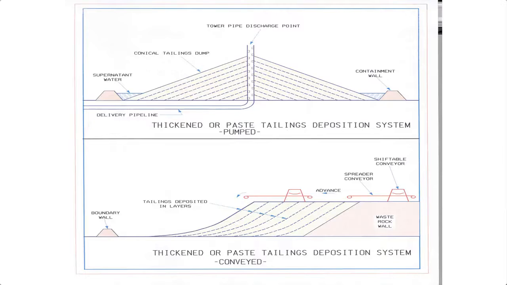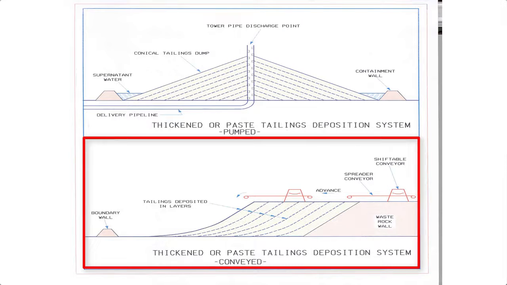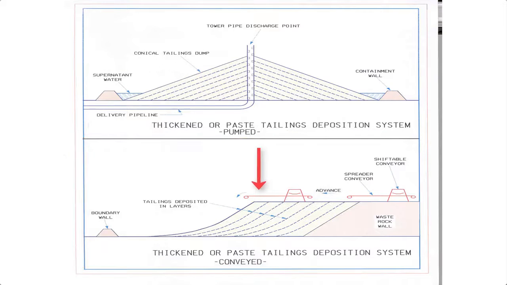This next slide is a simplified illustration of the differences between disposing of a cake versus disposing of a paste. So I'm going to concentrate mainly on the bottom slide, which is looking at more of a dry stack type system where you've got a conveyor bringing material to the crest of a facility, and it dumps it over the edge. Now, you may build it up in very thin, horizontal layers.